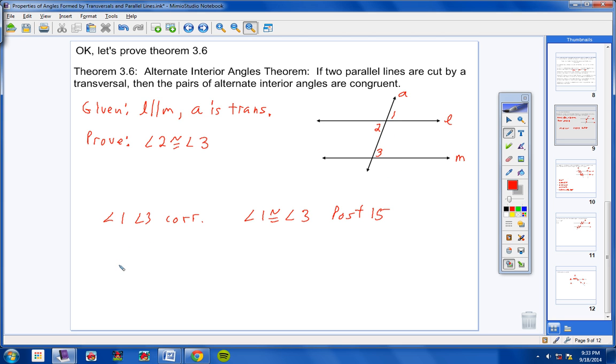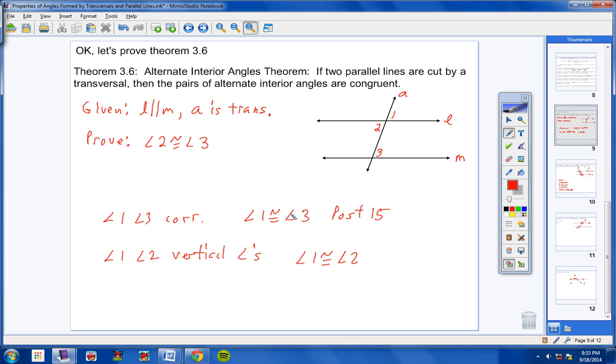Now let's see. Hey, what about this? Can I not state that angles 1 and 2 are what type of angles? Vertical angles? Sure, I can state that. Well, if angles 1 and 2 are vertical, I can also state that they're congruent because we have a theorem or a postulate that says that all vertical angles are congruent. So we're really doing pretty well so far.